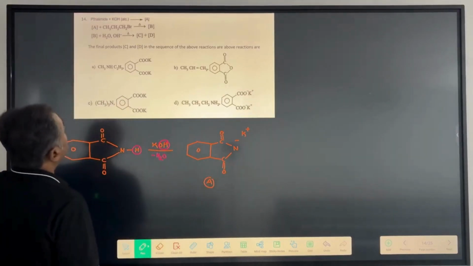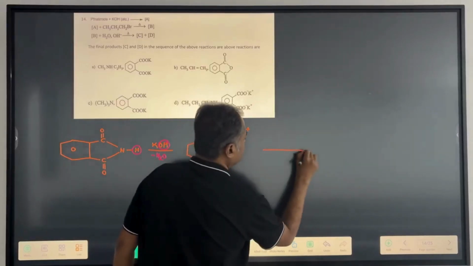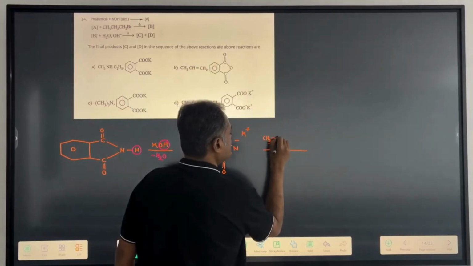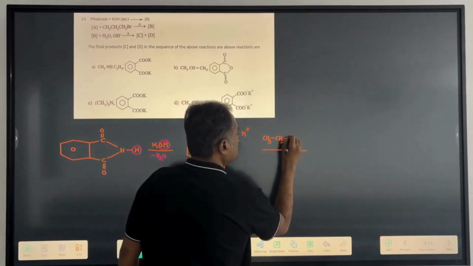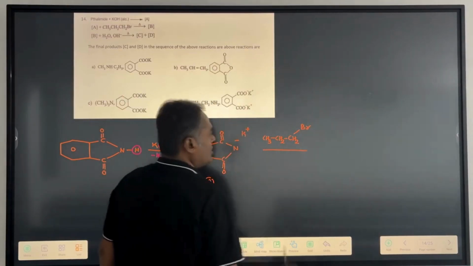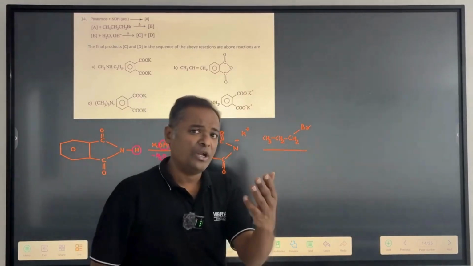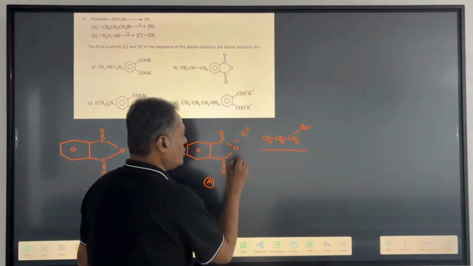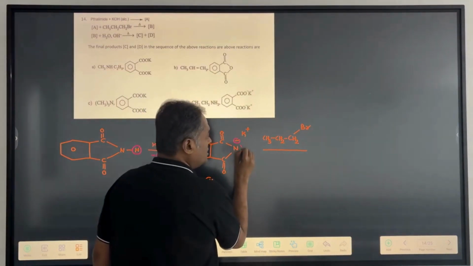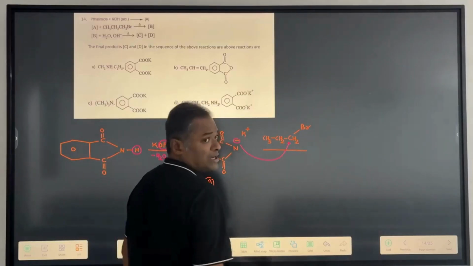Now, this compound has to be treated with CH3CH2CH2Br. And I think alkyl halide likes to undergo nucleophilic substitution. So, this is that nucleophile, nitrogen will attack this particular carbon.